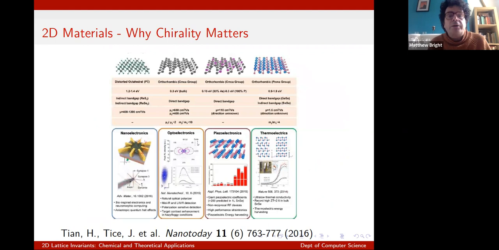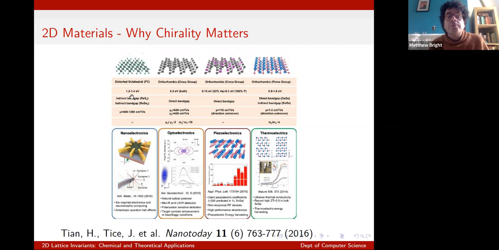So why would we care about the chirality or the asymmetry? It's because, and this again is from a review a few years ago, it's actually quite hard to find, and we'll see why in a bit, lattices where the two-dimensional geometry is strongly asymmetric, where it isn't mostly hexagonal, as it is in graphene, or square.